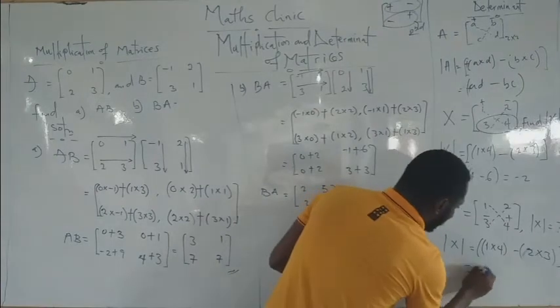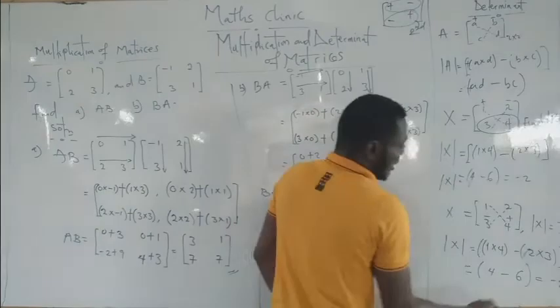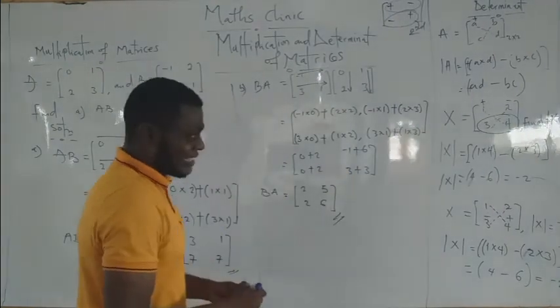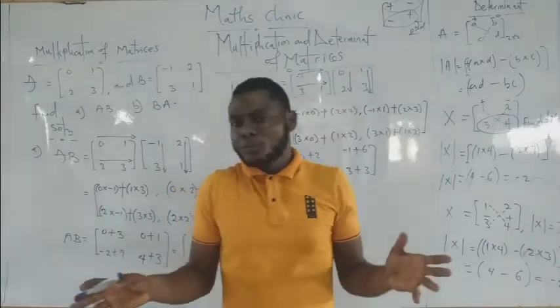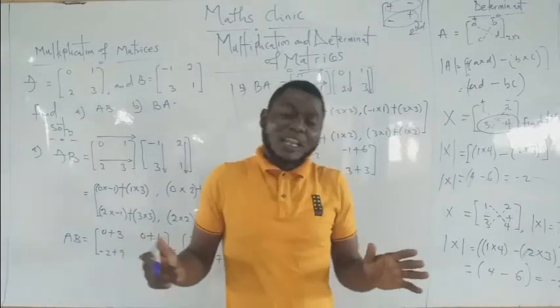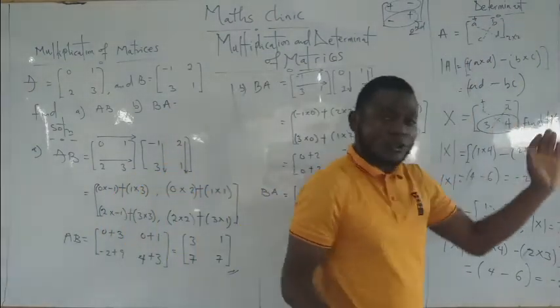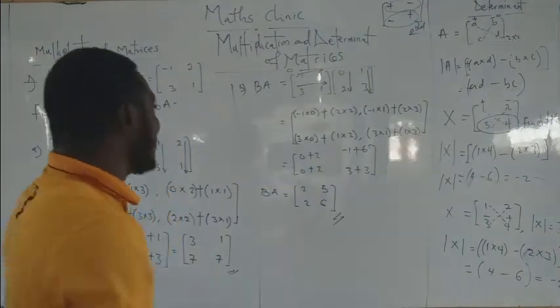And that gives 4 minus 6, and that is minus 2. Can you see that this and this are the same? So you can decide to use the first row or the second row, whichever way you feel like using. But I will always advise you to use the first row in order not to put yourself into problem. Are we together now?